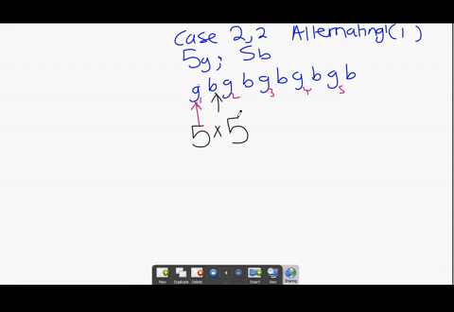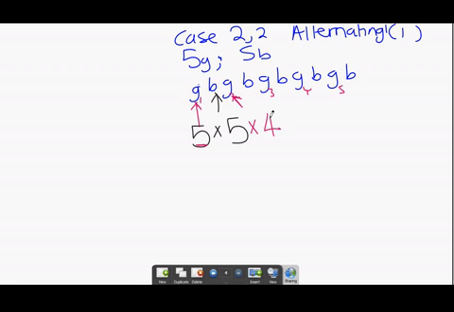Now, once I have picked the first girl and the first boy, I must now say, if I want to pick up this girl here, the second girl, how many different girls are now left? If I have already picked a girl here, it means that there are only 4 girls left. Do you see that?